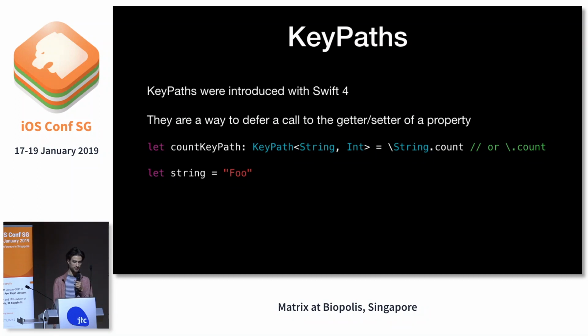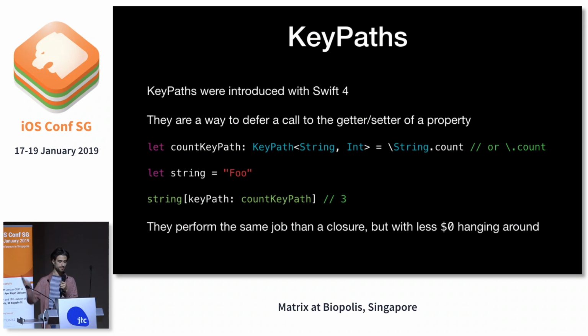And then, if I have an instance of this type, I can use the KeyPath to retrieve the property with a syntax that is very similar to when you are querying a dictionary. So here the value is 3 because my string has 3 characters. And basically what we can see is that KeyPaths perform the same job as a getter or setter closure, just with much less $zeros hanging around.